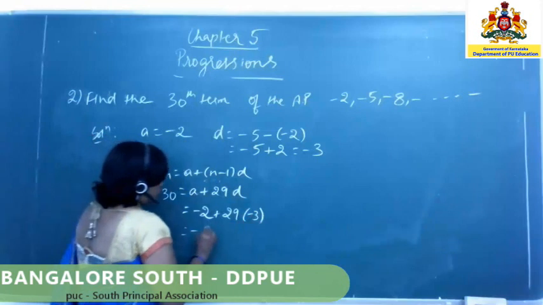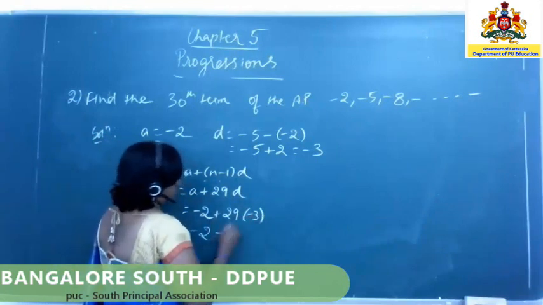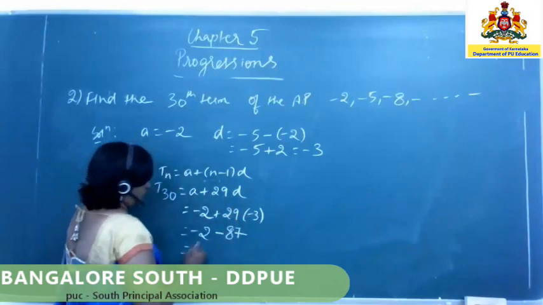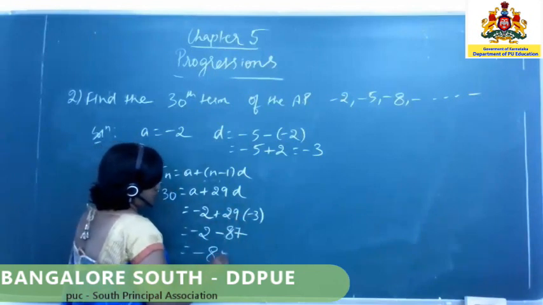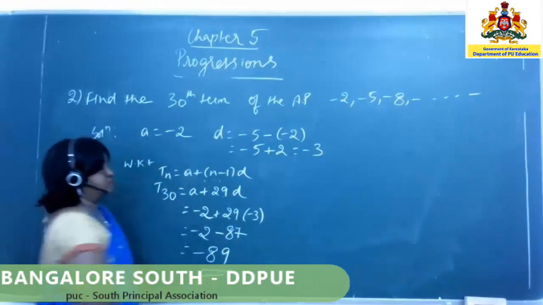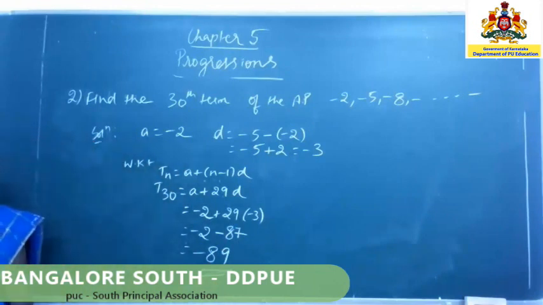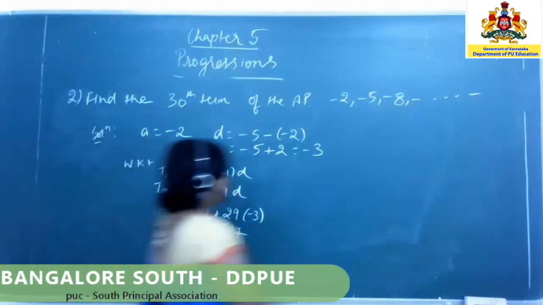So it is minus 2 minus 87, that is minus 89. Just make a note. Yes, next question.